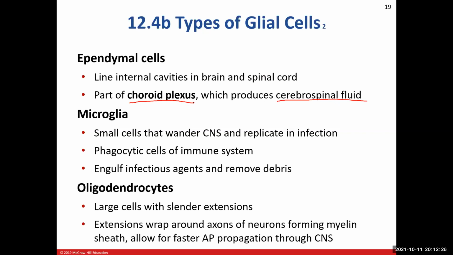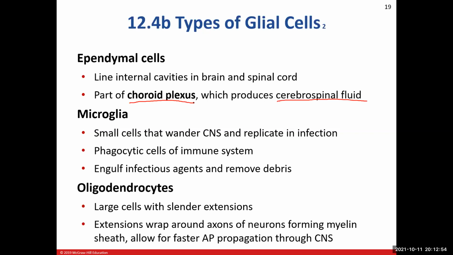Microglia. Okay, we need to have some immune cells around our nervous tissue to help protect it. So the microglia are like the central nervous system's version of the macrophage, except these guys are small. And so they just travel around, checking everything. And of course, if they run across some sort of pathogen like a bacteria or whatnot, they'll initiate the immune response.